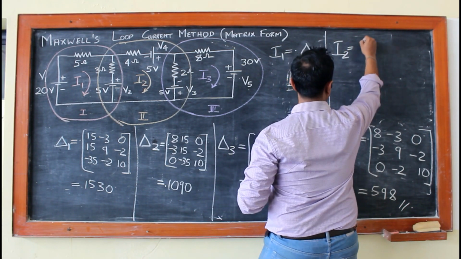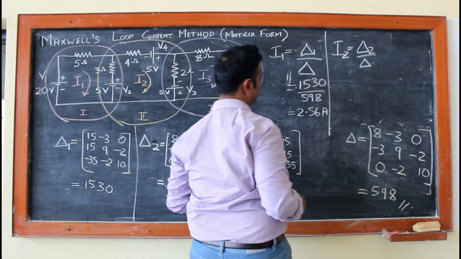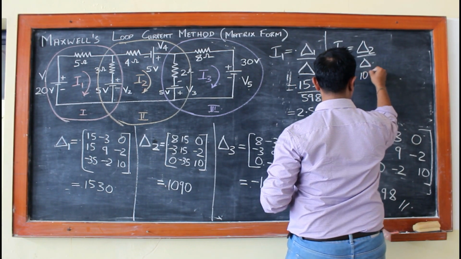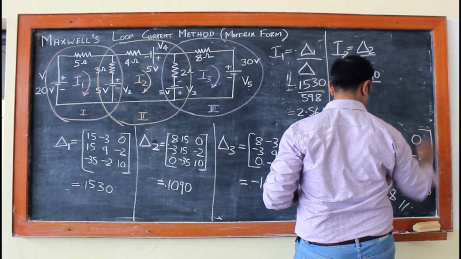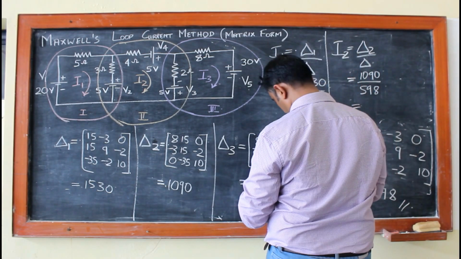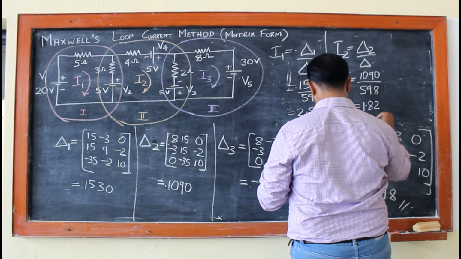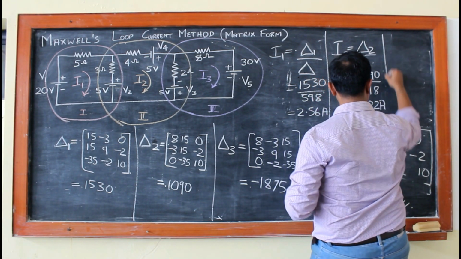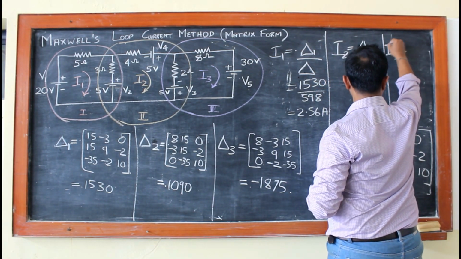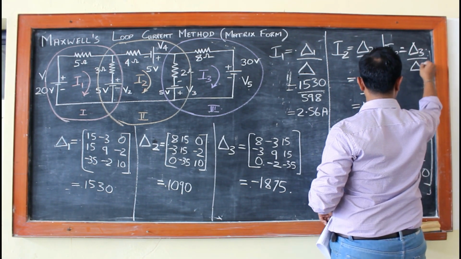I2 will be delta 2 divided by the resistance matrix, that is delta. So delta 2 is 1090 divided by 598, which will give me the value 1.82 amps.